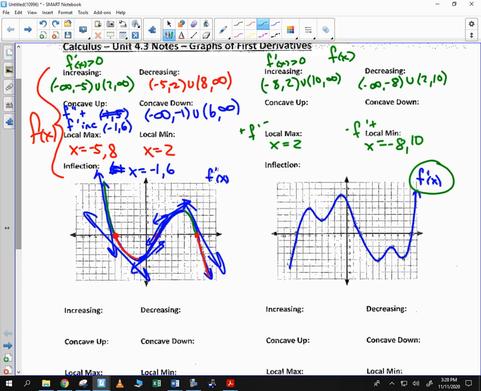So now as we consider concavity, wherever f prime is increasing, you notice it's increasing here, but it's decreasing there. So it looks like it's increasing right here. So that'll be from -infinity to -6, union with -4 to -1.